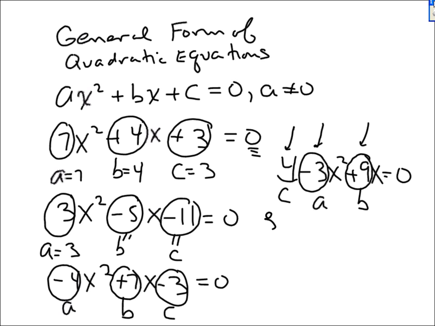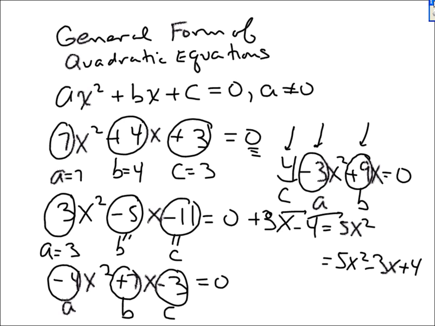Now, if you have something like 3x minus 4 is equal to 5x squared, it's not equal to 0. So let's bring everything to the right side. The 5x squared is already there. We bring the 3x over as negative 3x, and the negative 4 over as positive 4.